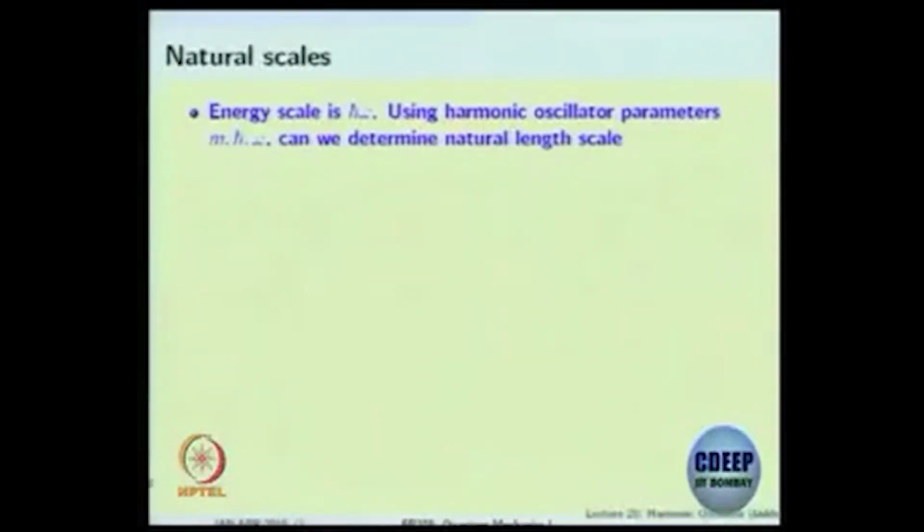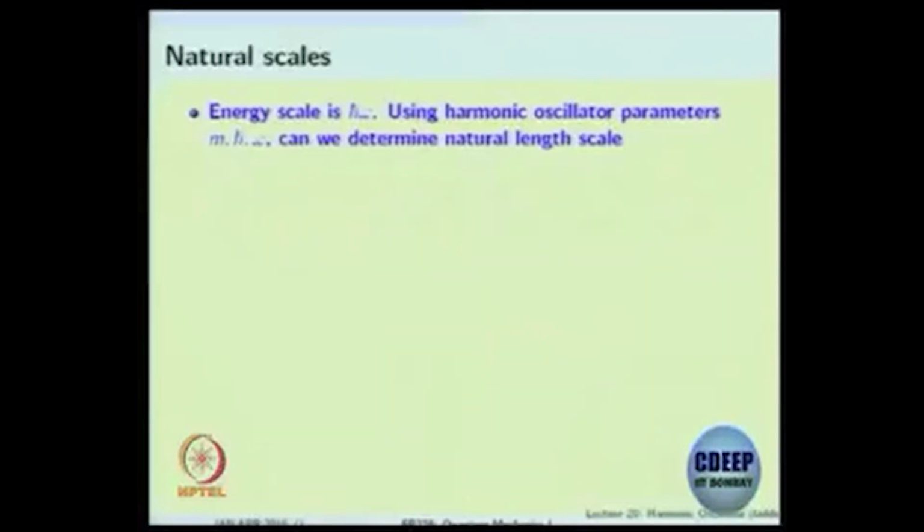you need to see what are the natural scales in a given problem. One is your familiar one, the energy scale: h cross omega, in joules, is an energy scale. In the harmonic oscillator, the parameters are mass, frequency and h, Planck's constant.